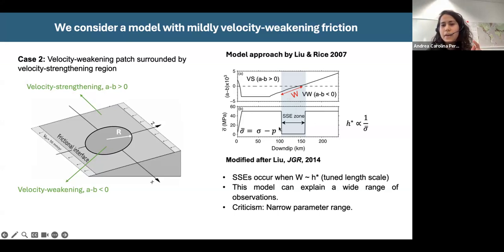This would mean very low effective normal stresses. When this parameter is close to the nucleation size, slow slip events occur. It is interesting that this early model could explain a wide range of observations, such as SSE duration, magnitude, and stress drops. But the main criticism of this model is that it covers a very narrow parameter space, and it's not consistent with the widespread nature of slow slip events.